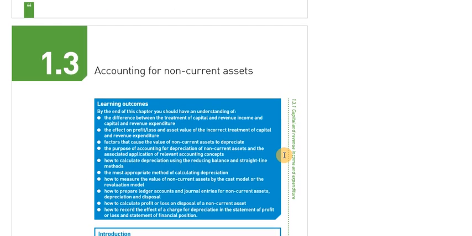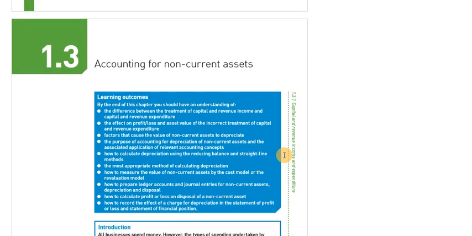Now let's start to discuss our next topic, 1.3, accounting for non-current assets. What is a non-current asset? We have already discussed this in our accounting basic concepts lecture. Non-current assets are those assets in the ownership of a business that will give benefit to the organization for more than 1 year.